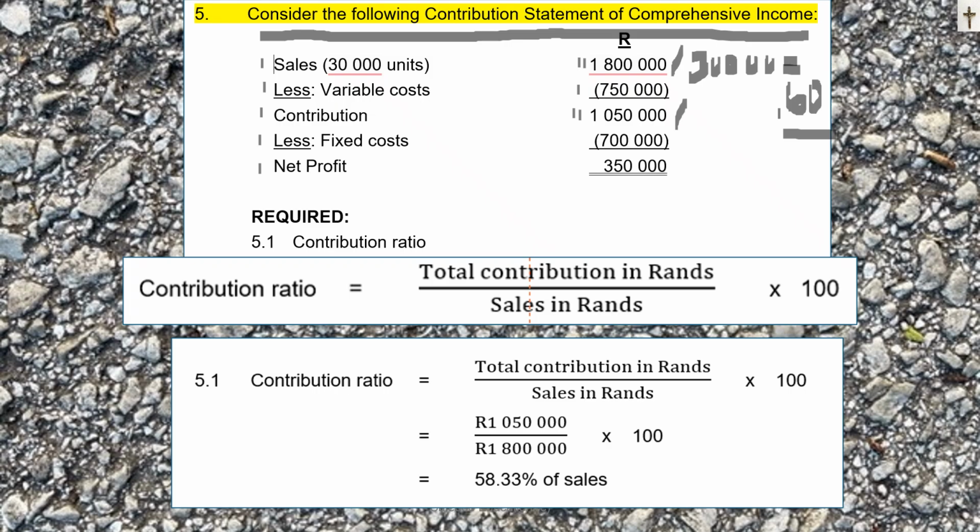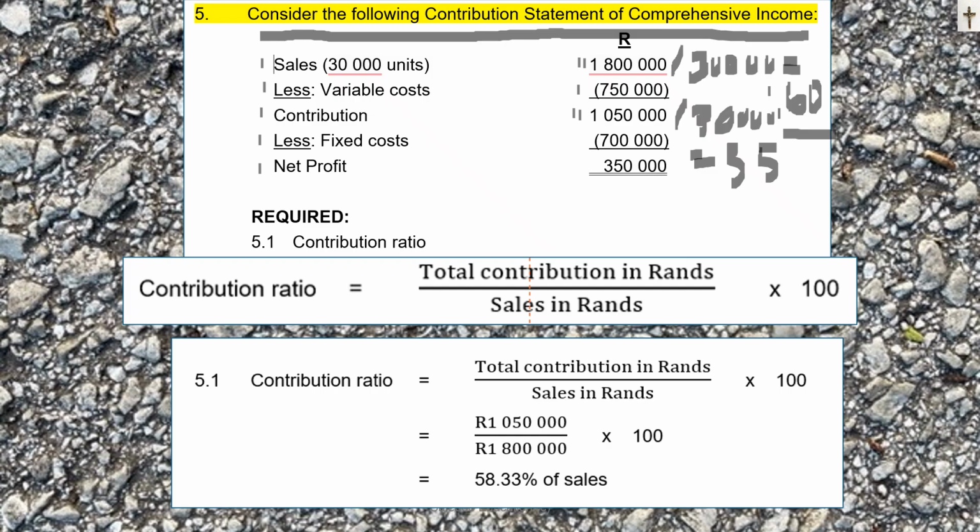All I need to do is take that 1,050,000, divide by the number of units, which is 30,000, and that is going to equal 35. So that is the contribution per unit, and also the price per unit sold is equal to 60.